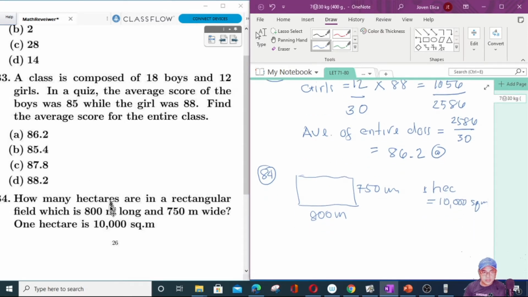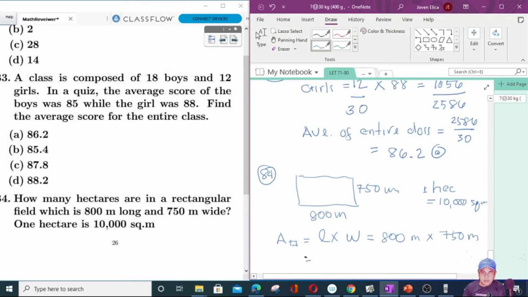First of all, we need to know the formula for hectares, that means the area. So the area of a rectangle is equal to length multiplied by the width, which is 800 meters multiplied by the width of 750.